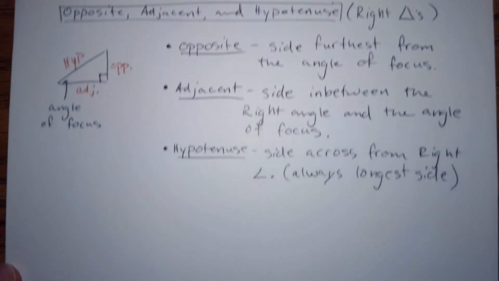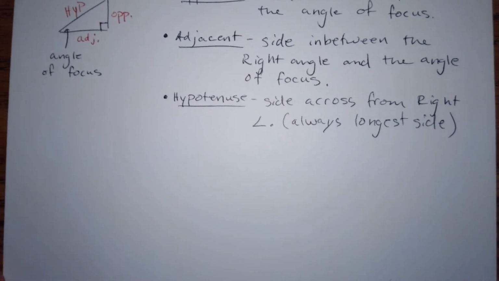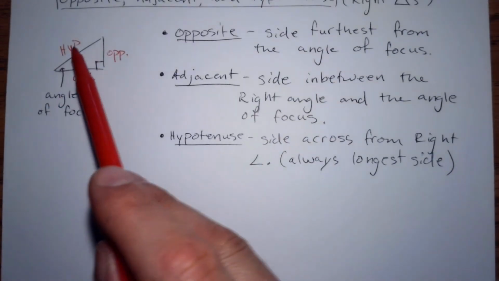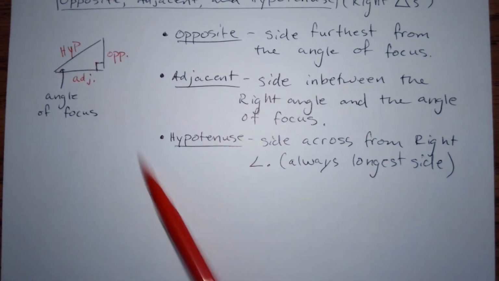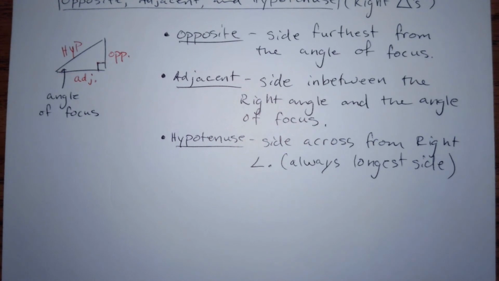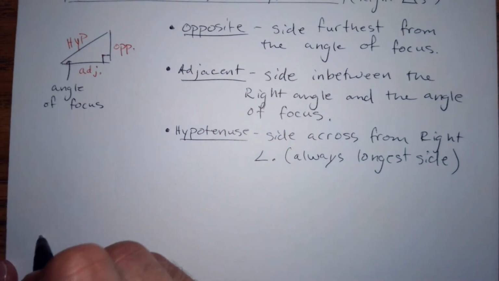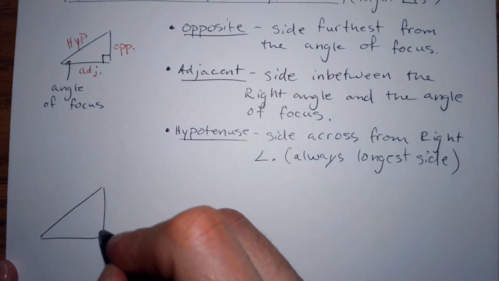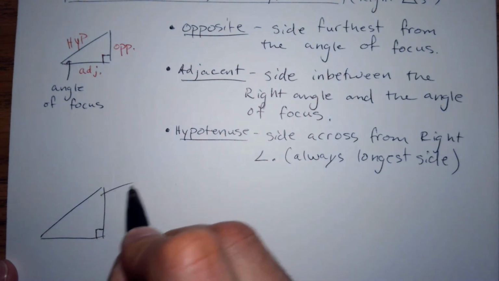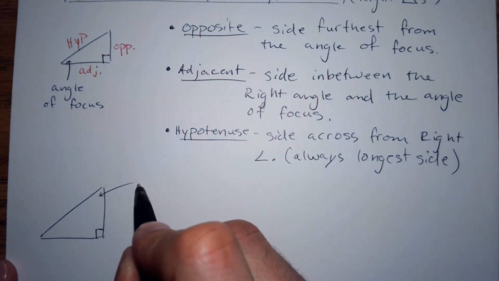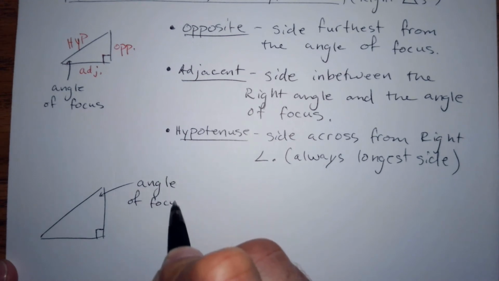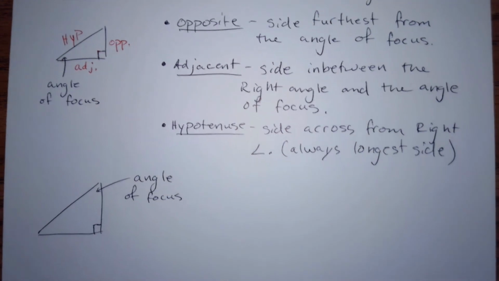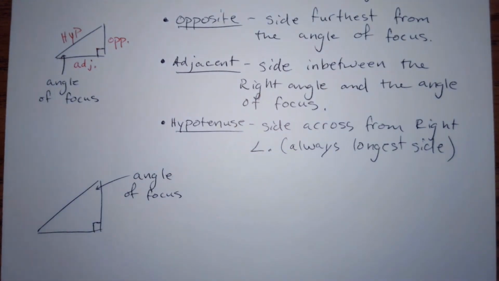If the angle of focus changes, then the hypotenuse is going to stay the same, but these are going to switch because we're basing them off of these descriptions. So if I draw the same right triangle, but I say that this is the angle of focus, then I want you to try and label opposite, adjacent, and hypotenuse.